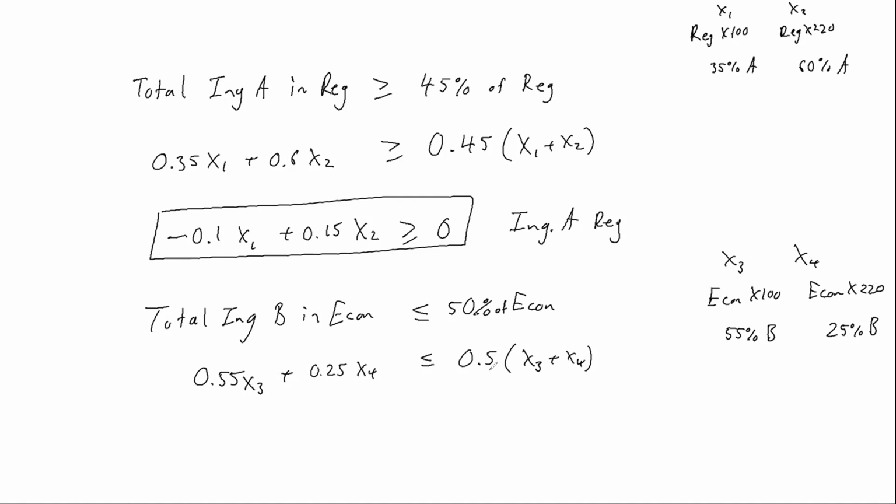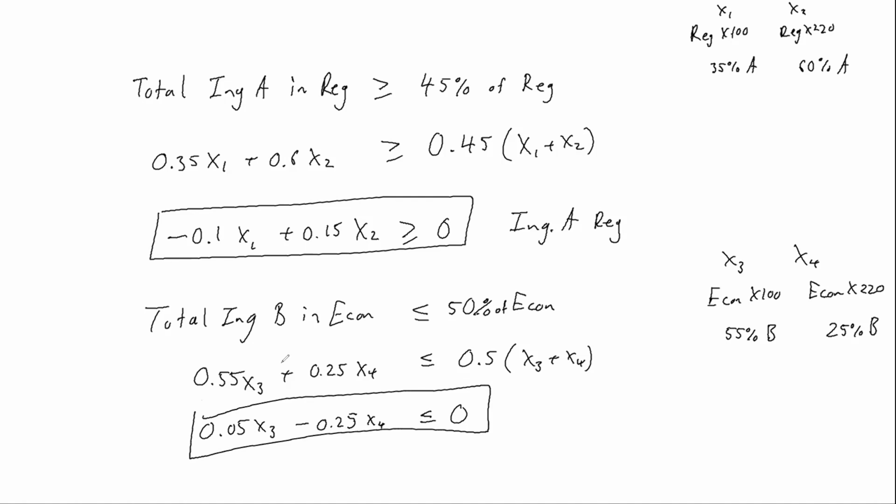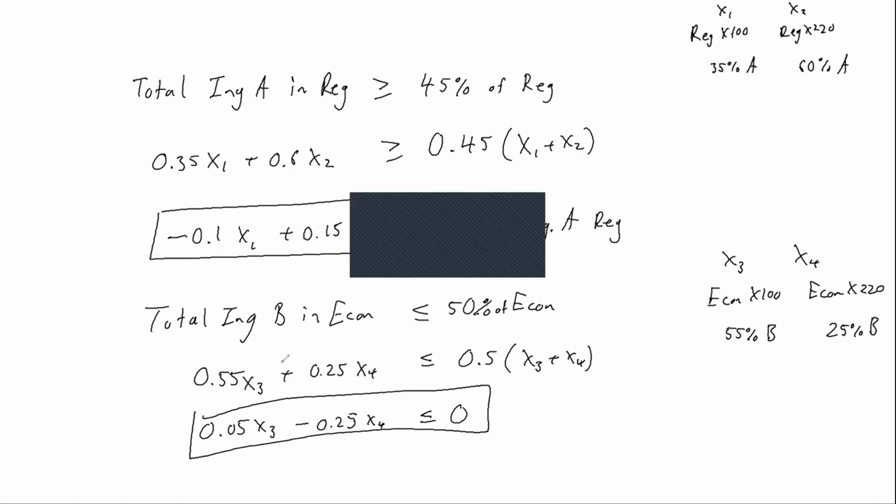So we rearrange this now. We expand this out, rearrange, we get 0.05 X3 minus 0.25 X4 is less than or equal to 0. And that's my second, that's my last constraint.